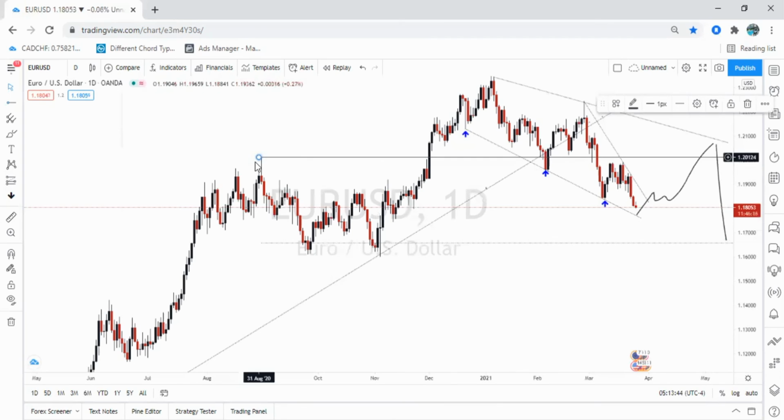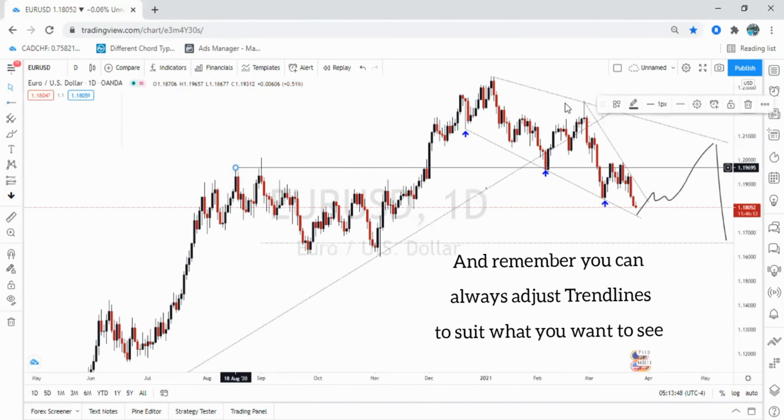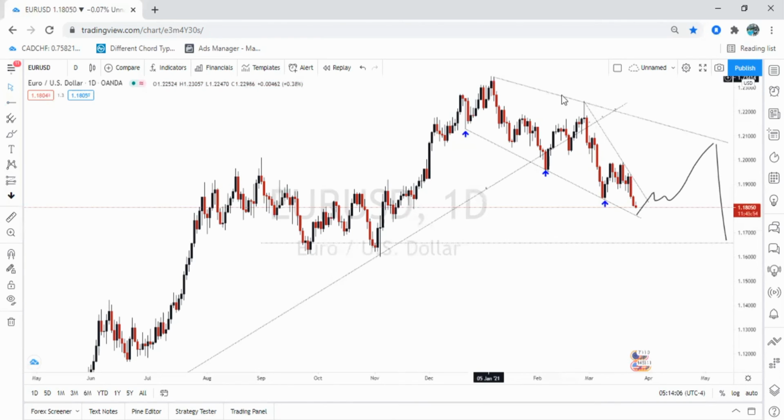Why? These things don't exist in isolation. If you use them with the aid of major levels and higher levels, this is where you'll get high probability trades. But now we're not talking about how to get high probability trades. A video on that has already been released. Now we're just talking about how to draw them. How you draw them is you connect the wicks, basically.